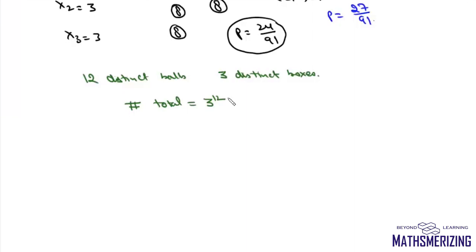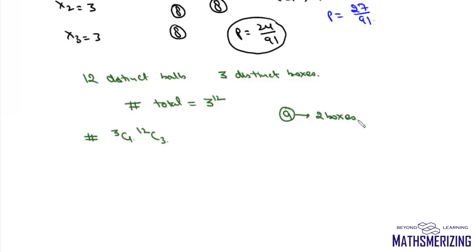Now the condition is one of the boxes contains exactly 3 balls. First we'll calculate which box contains these 3 balls. So it will be 3C1. Now in this box we have to select 3 balls from 12 distinct balls, which can be done in 12C3 ways. Now we are left with 9 balls and 2 boxes.